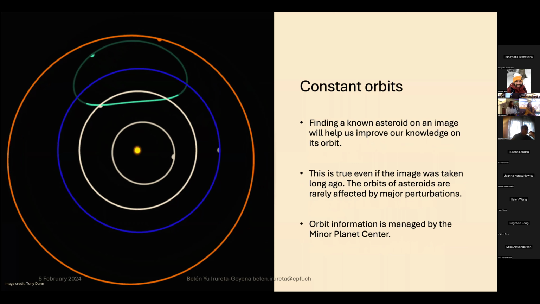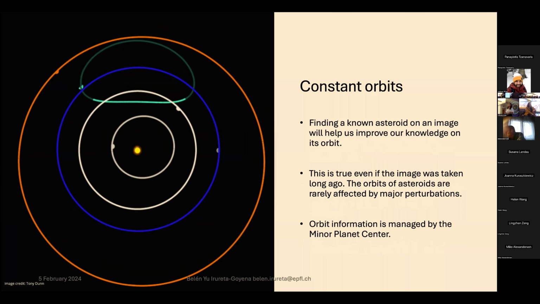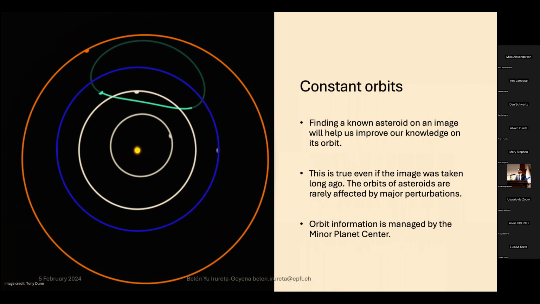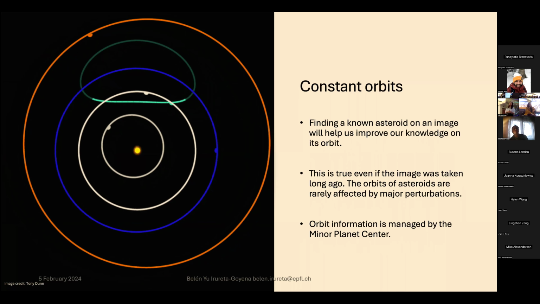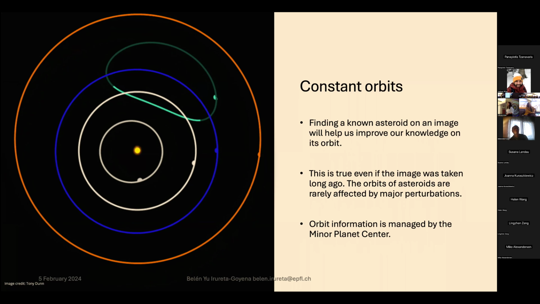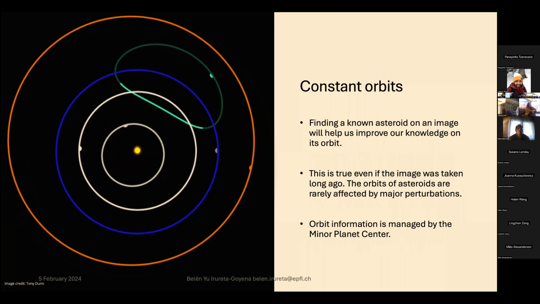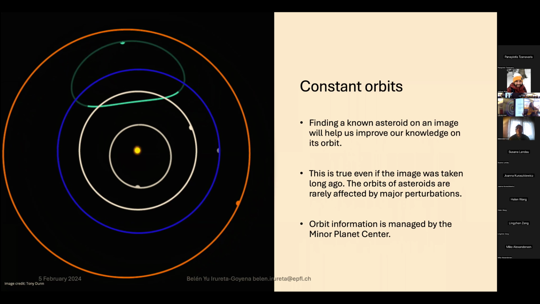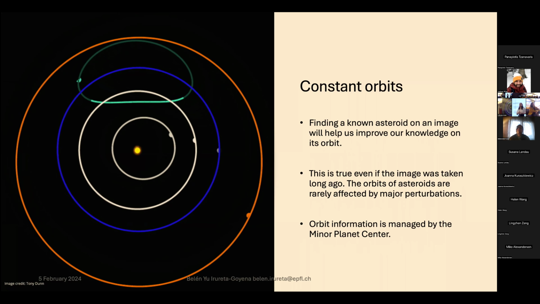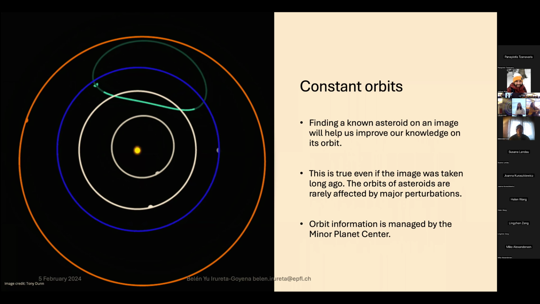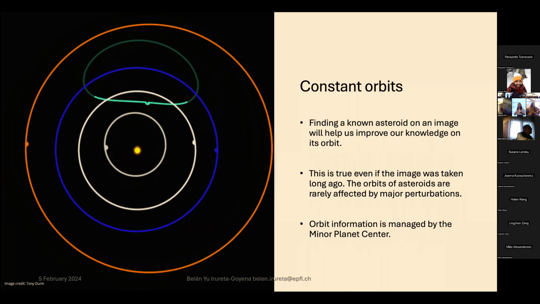And more specifically, finding an asteroid, even if we knew about it before, can help us improve our knowledge of its orbit. And the very nice thing about working with asteroid orbits is that they remain almost unchanged over time. They don't suffer any major perturbations, which means that looking at ancient data or archival data, even if it's a few years old, can help us learn where those asteroids are today.